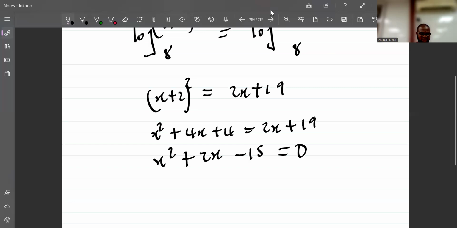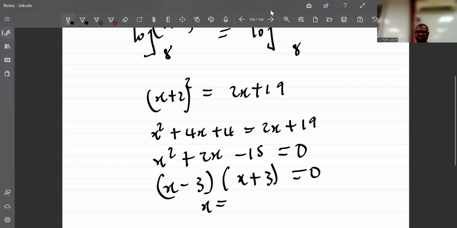And you solve it quadratically, you get x minus 3 and x plus 5 equals 0. So your final answer will be x equals 3 or x equals minus 5. Then you can simplify it.